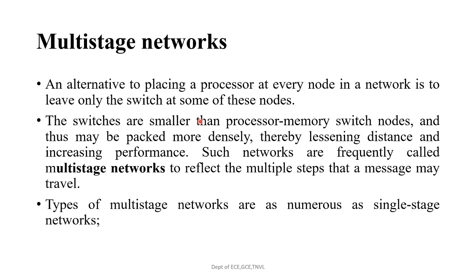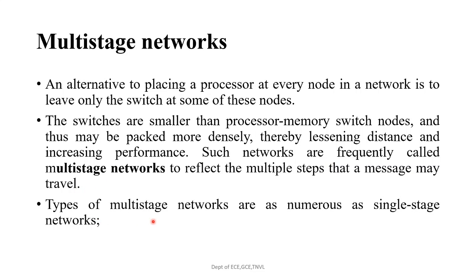An alternative to placing a processor at every node in a network is to leave only the switch at some of these nodes. The switches are smaller than processor memory nodes and thus may be packed more densely, thereby lessening distance and increasing performance. Such networks are frequently called multi-stage networks to reflect the multiple steps that a message may travel.